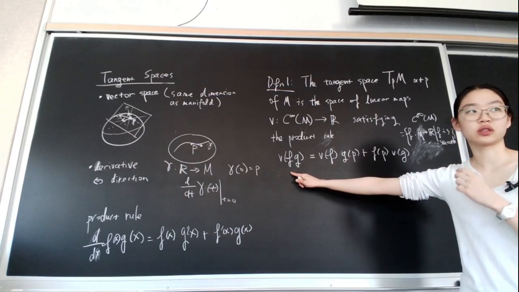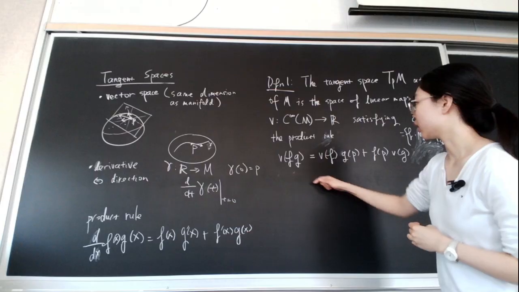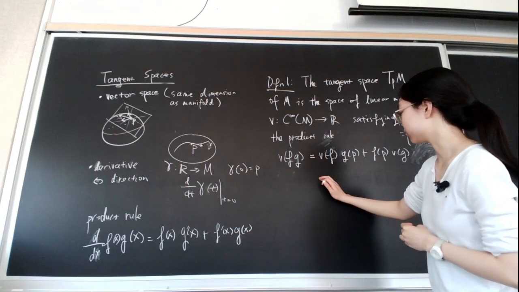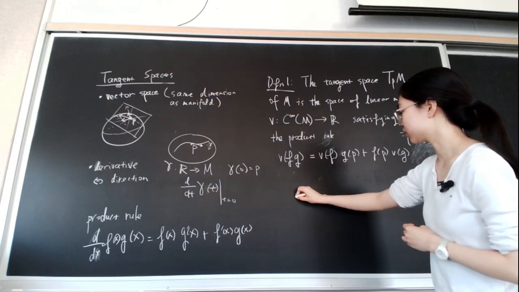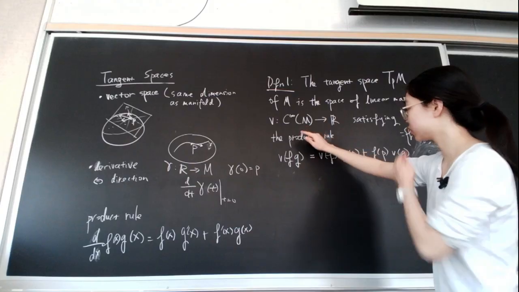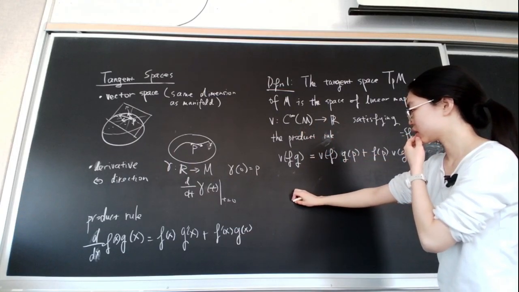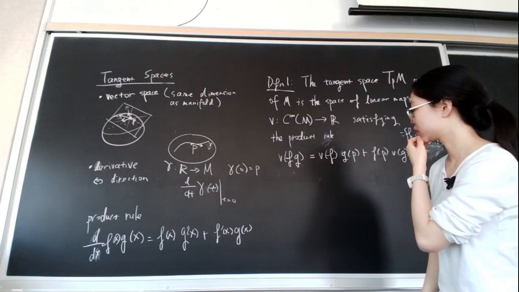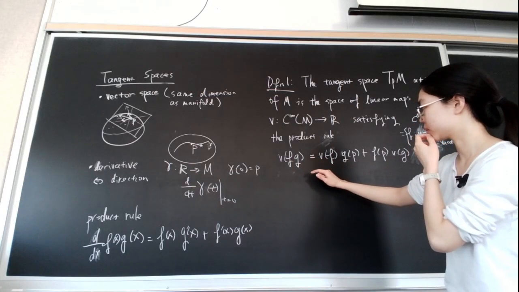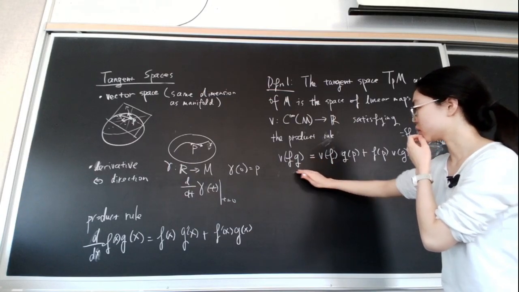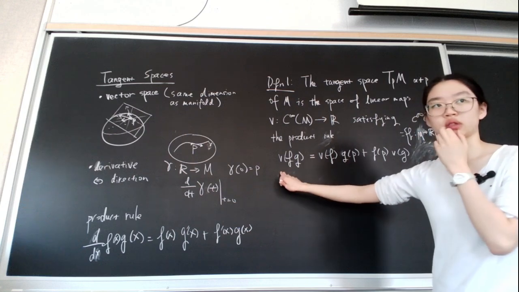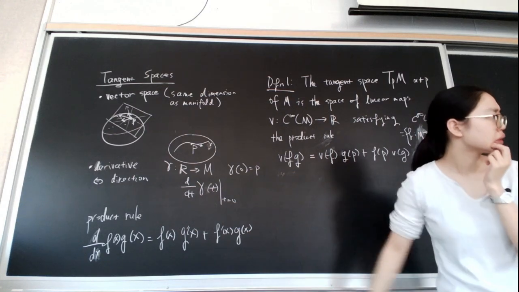Because f is a function from M to R. So it's not a directional derivative. No, wait, he's right.